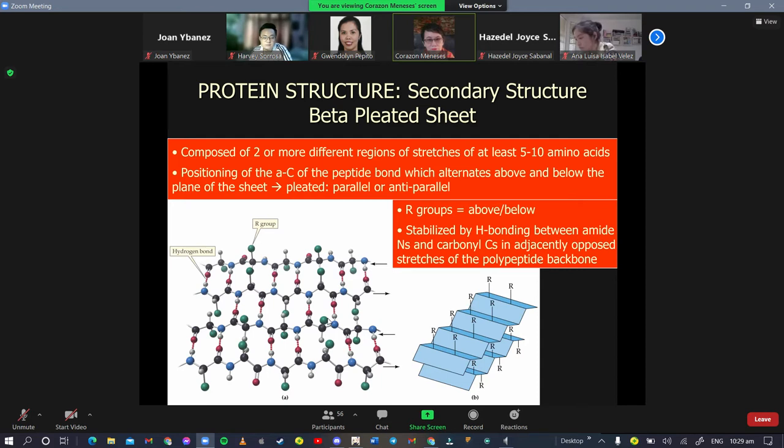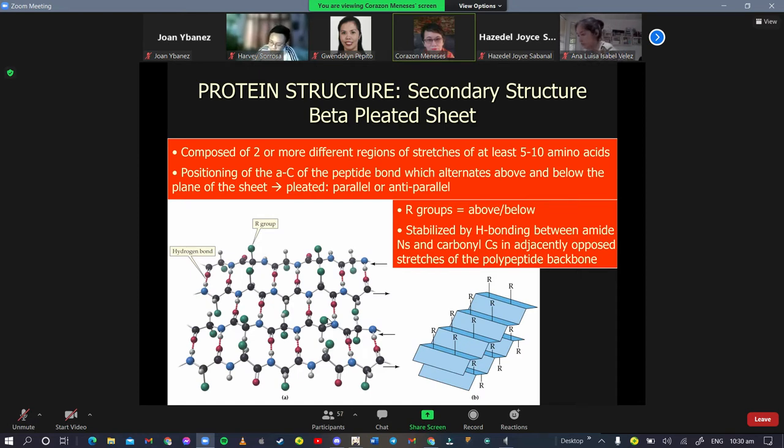So a beta pleated sheet should be at least 5 to 10 amino acids. So it can be more than 10. So that's why, as shown in the illustration, it will form a pleated sheet. And it is anti-parallel or parallel.